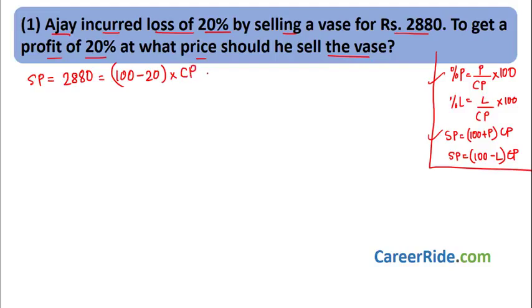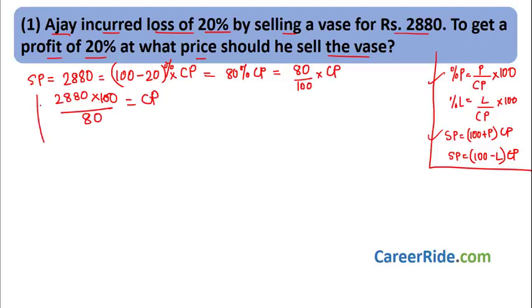So we will get 2880 equals 100 minus 20%, that is 80% of cost price, that would be 80 upon 100 multiplied by cost price. So over here we will get 2880 into 100 divided by 80, which is the cost price. This is the cost price of the vase.